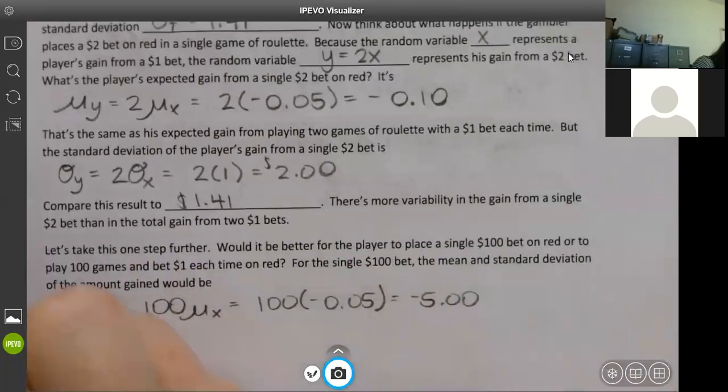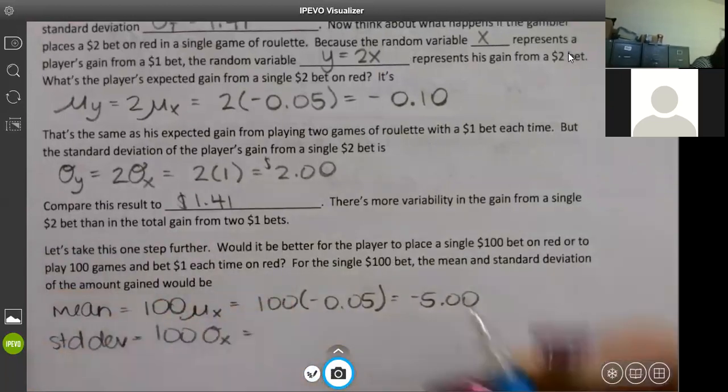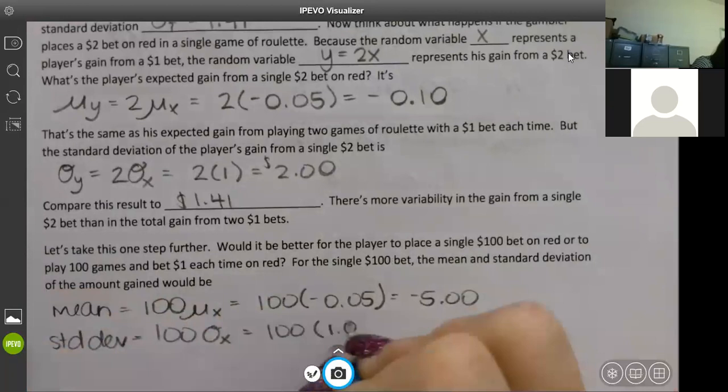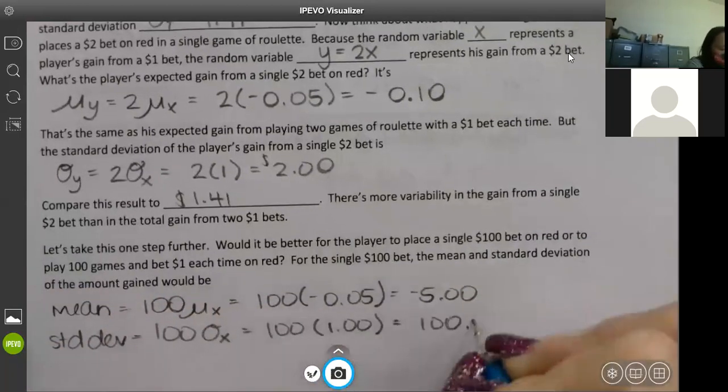The standard deviation would be 100 times the standard deviation of X. So 100 times 1, which is 100.